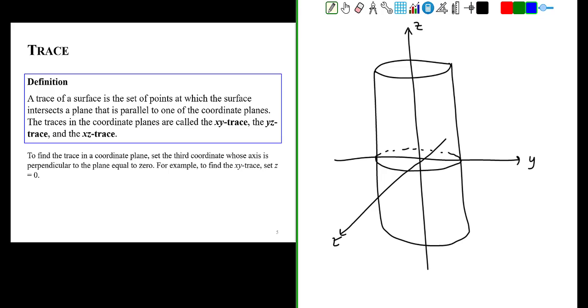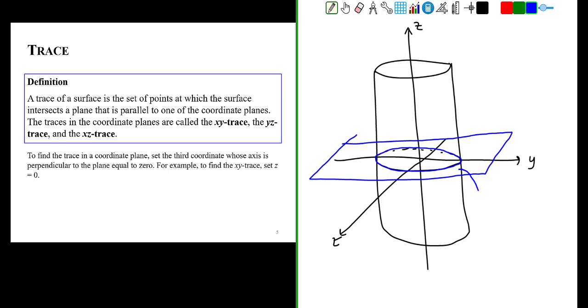If I take a plane parallel to the XY plane, and I put that at the value of z equals 0, notice that plane slices right through the cylinder, producing a line of intersection.